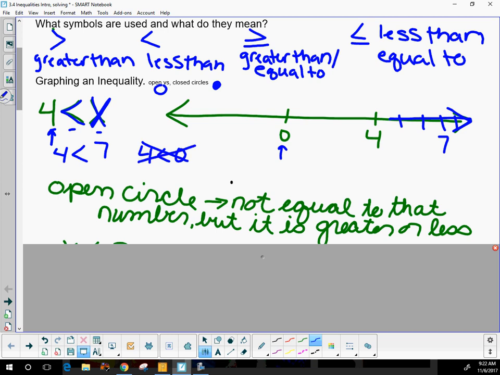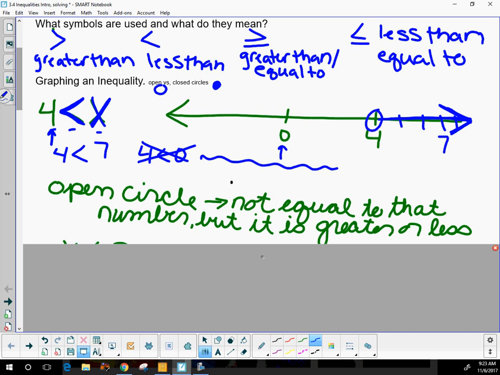It does not. So, I do not want to graph anything over here. I absolutely want to go this way. Now that's the opposite direction of what this inequality is as stated this way. So don't get caught up on whichever way the little inequality is pointing, that's which way you graph, because that is not the case.